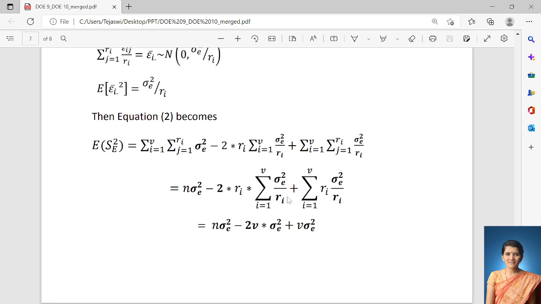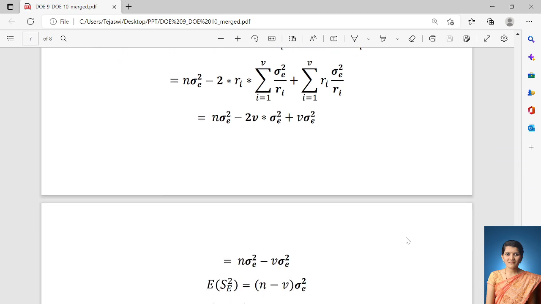Here ri gets cancelled, and the summation over i gives v, so it is written as v into sigma square, because sigma square is constant. Here also ri gets cancelled, the sigma square is constant, and the summation over i gives v, so it is v into sigma square.